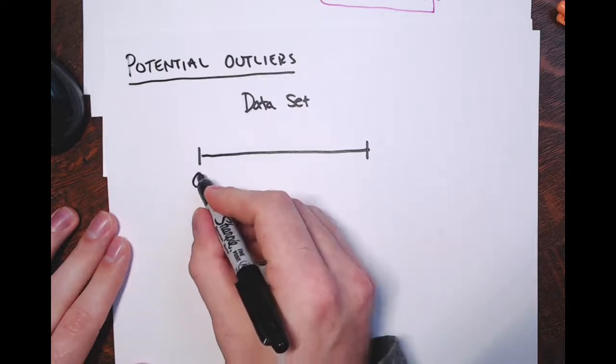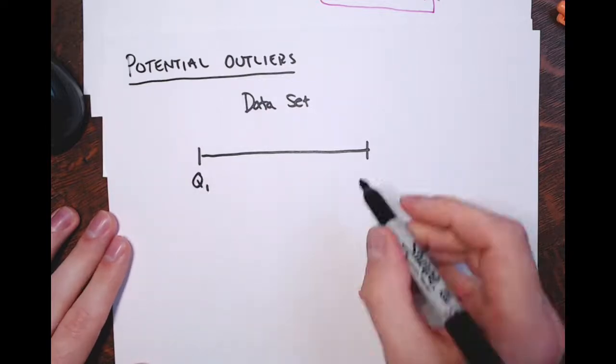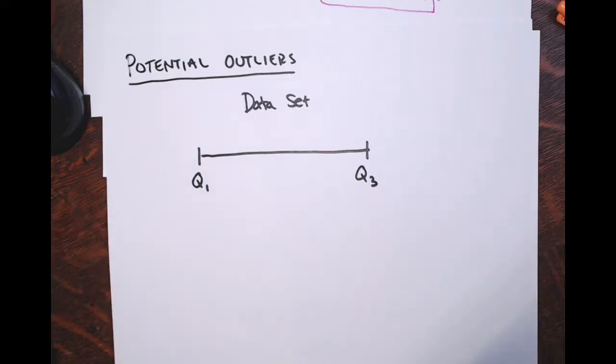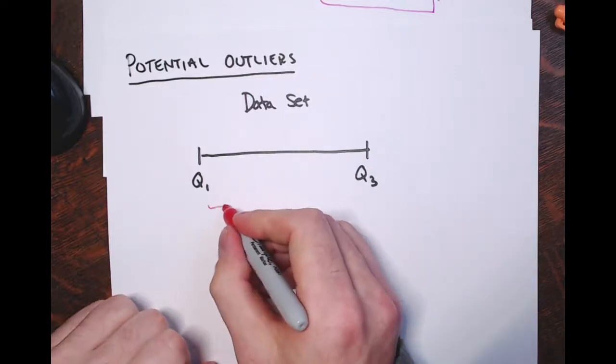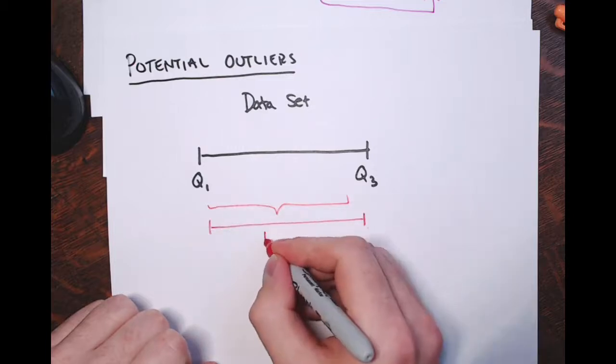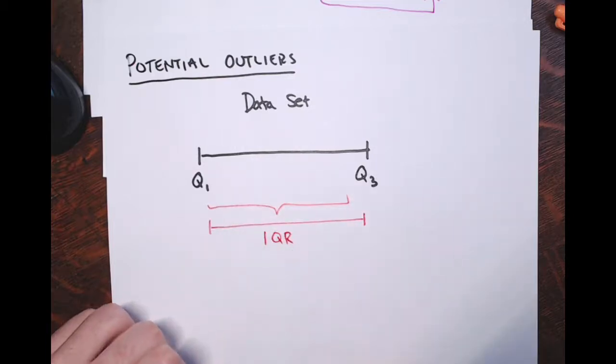Say this is where the first quartile is, and say this is where the third quartile is on a number line. Remember, the difference between them, this distance here, is called the interquartile range.